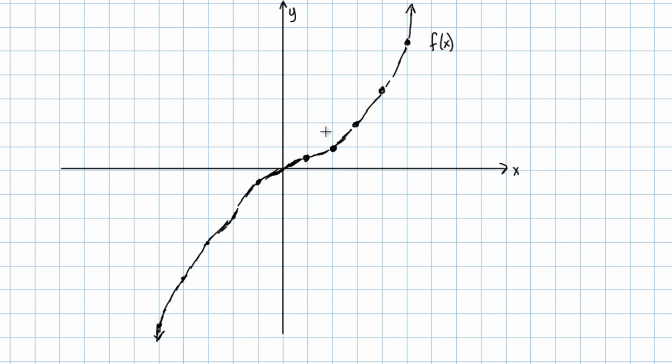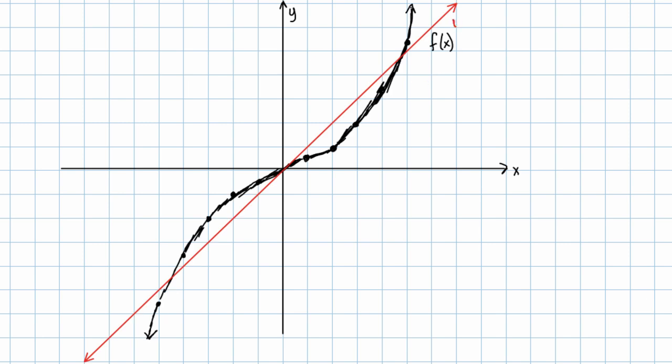Now what I want to do is graph the line y equals x. So this is y equals x, and you probably noticed, I just readjusted that curve because I kind of did it incorrectly. But anyway, the black curve is some function f of x, and then I go ahead and graph y equals x.